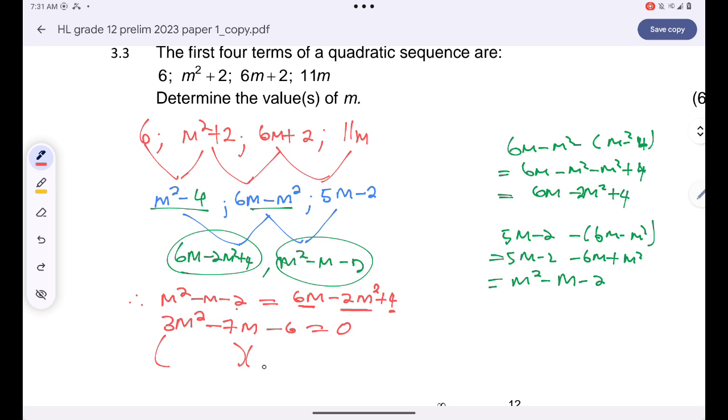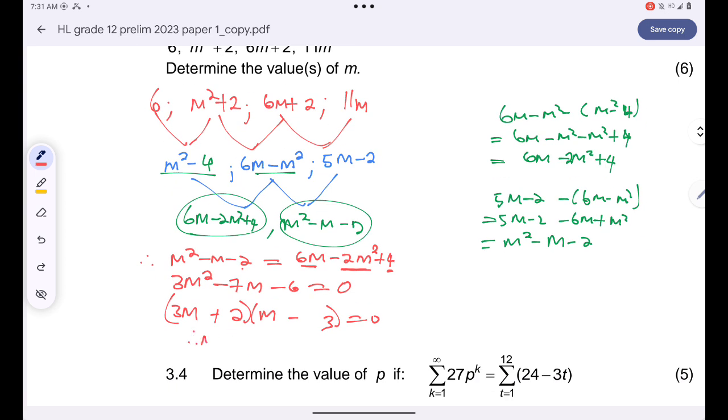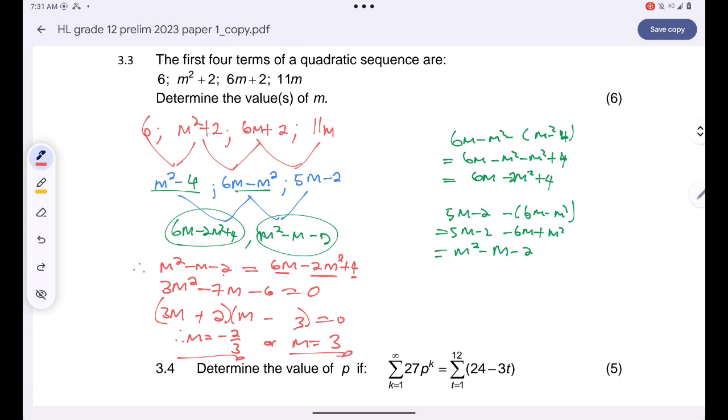So all I have to do now is to simply factorize. I will have 3m, m, 3 and 2, with negative and positive over there, and hence m is equal to negative 2 over 3, or m can be equal to a positive 3. That's how, guys, we're supposed to tackle that question.